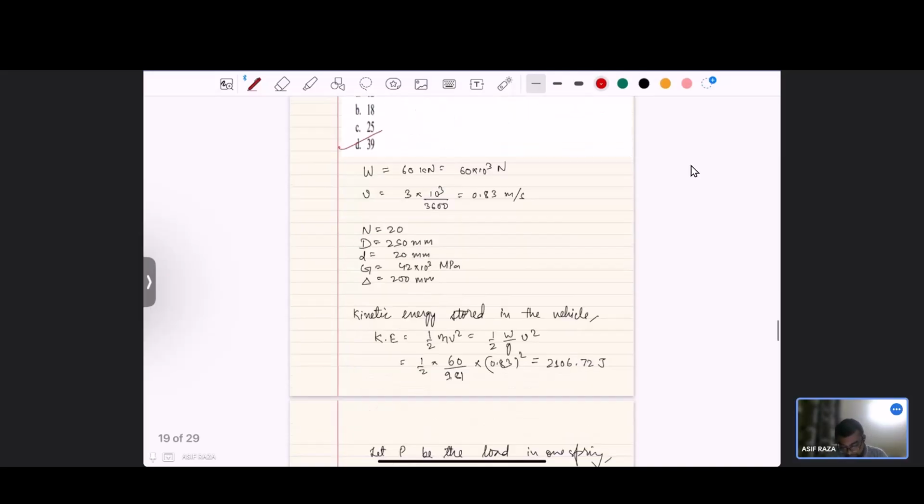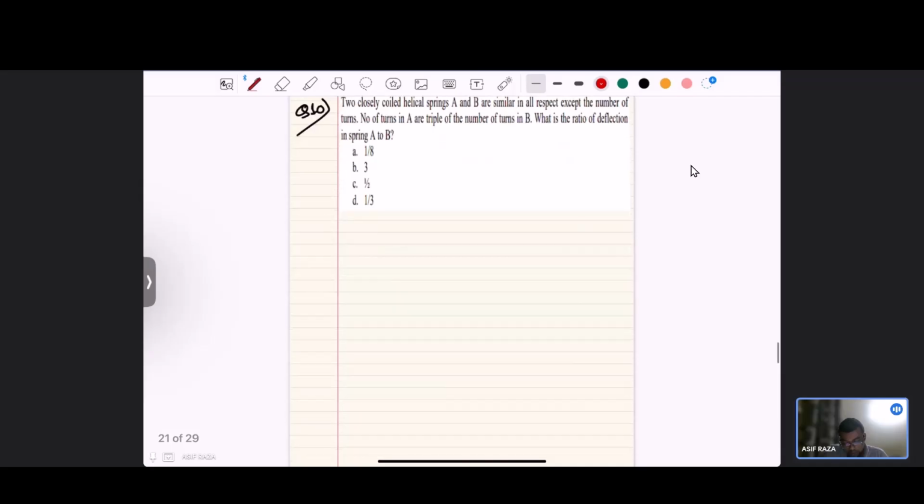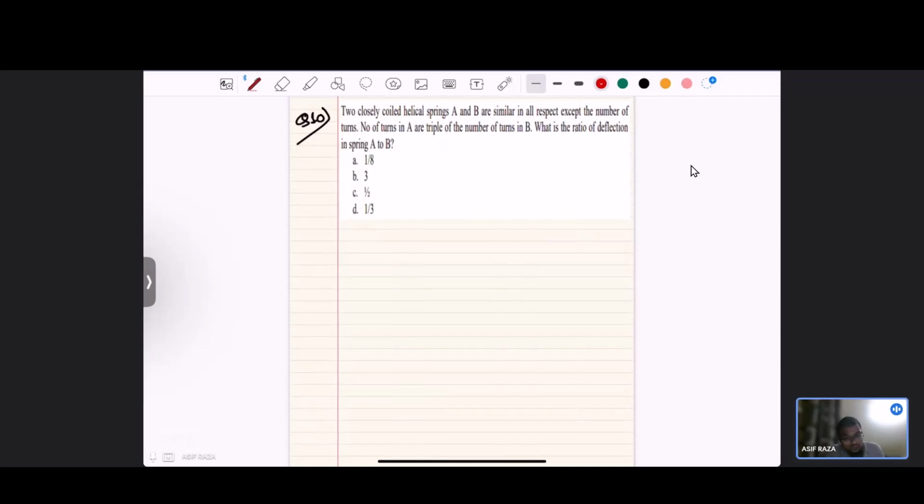Okay. Now moving on to the last question of today's session, and this will wrap up today's session. So let's do this. The question is, two closely coiled helical springs A and B are similar in all respects except the number of turns. Number of turns in A are triple of the number of turns in B. What is the ratio of deflection in spring A to B?